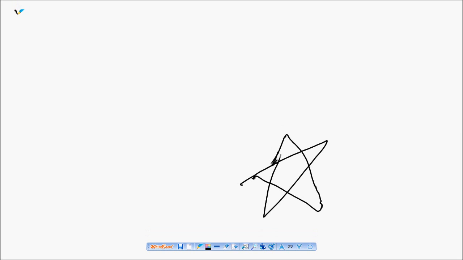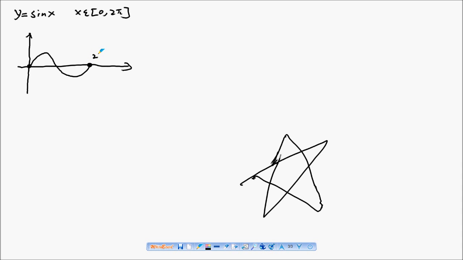All you have to remember is the period of y equals sine x, x belongs to from 0 to 2 pi, with both points included. You just draw your axis first like this, and start from here, draw a sine wave ending at 2 pi, and the midpoint is pi.